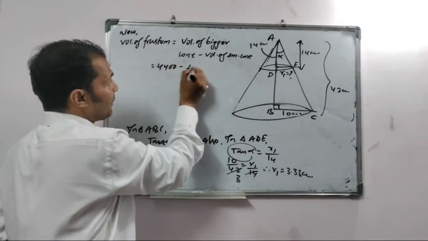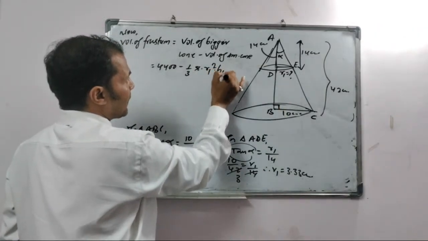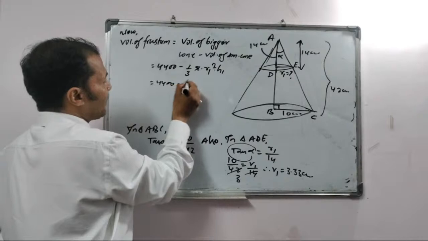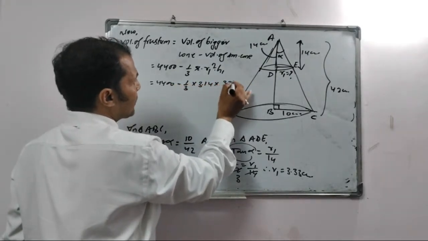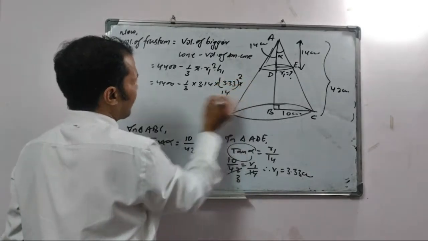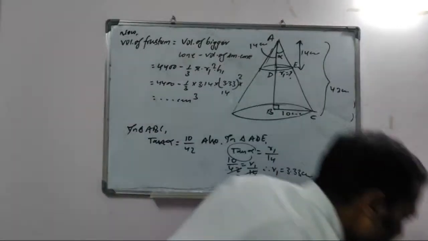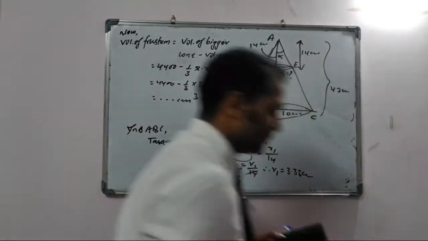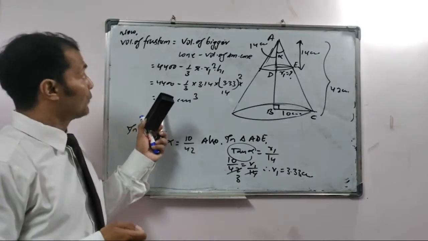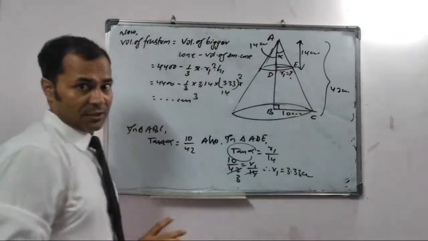Minus 1 by 3 pi r1 square h1, that is 4400 minus 1 by 3 into 3.14 into radius 3.33 square into height 14. So just this is the answer. So this is the volume of frustum. Okay, so this is how you find the volume of frustum. From your total volume, subtract the top volume.